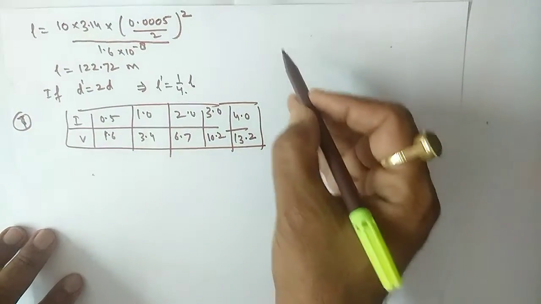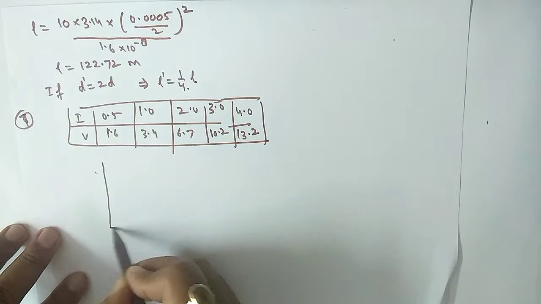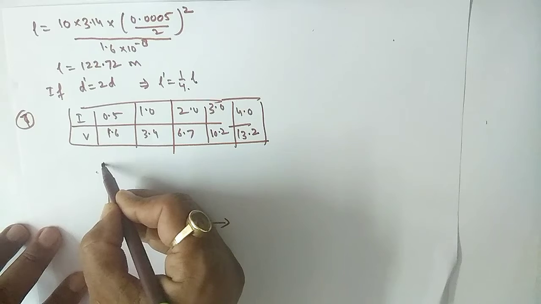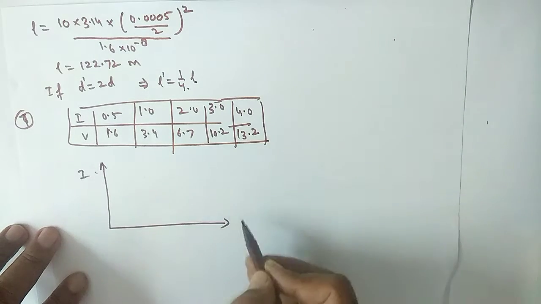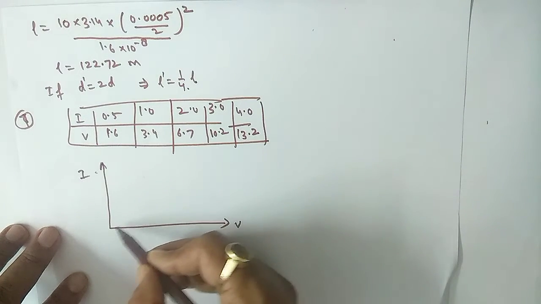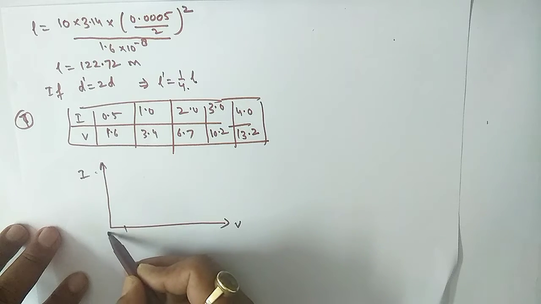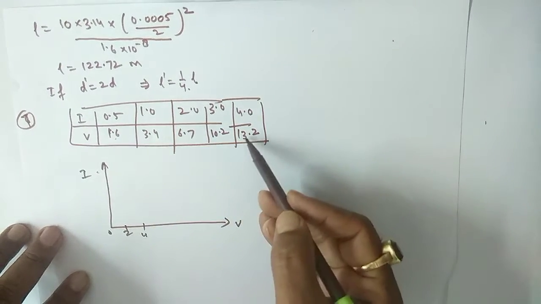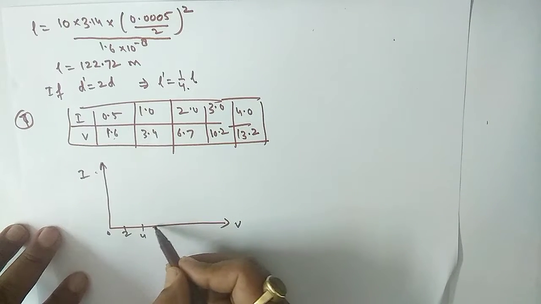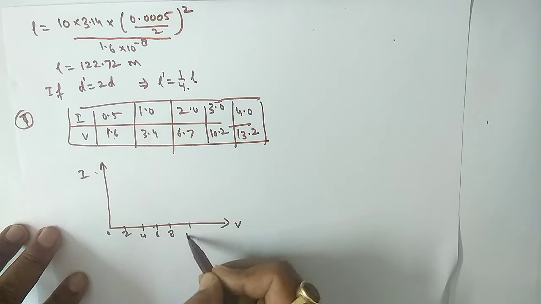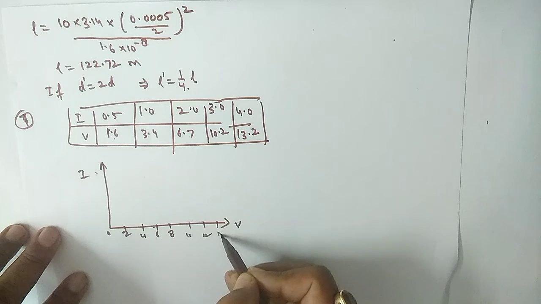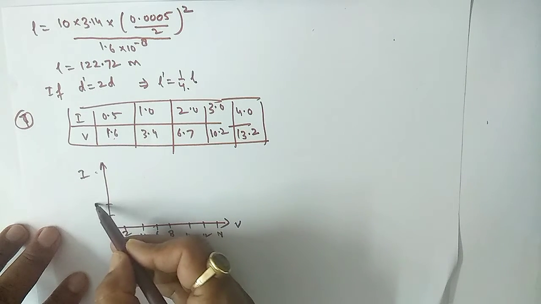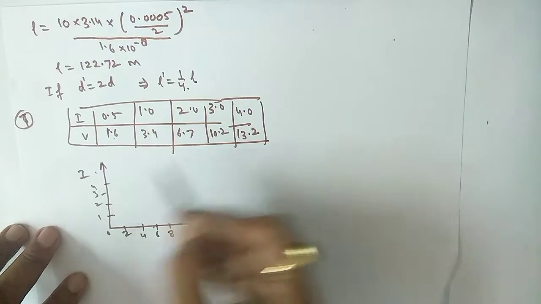So simply, draw a graph on the graph paper. Take V on one axis and I on the other. Since the largest value is 13.2, take 2, 4, 6, 8, 10, 12, 14, up to 14, and for I take 1, 2, 3 up to 4.